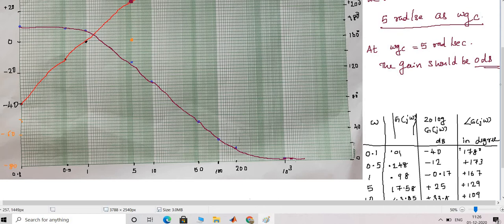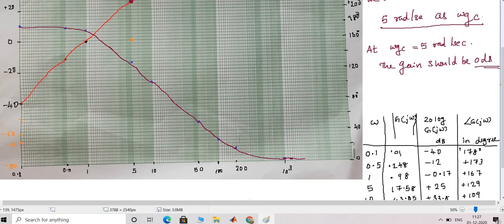So when I subtract plus 25 dB here, it will be minus 40 minus 25, which is minus 65. So it will be approximately here. This is minus 65.